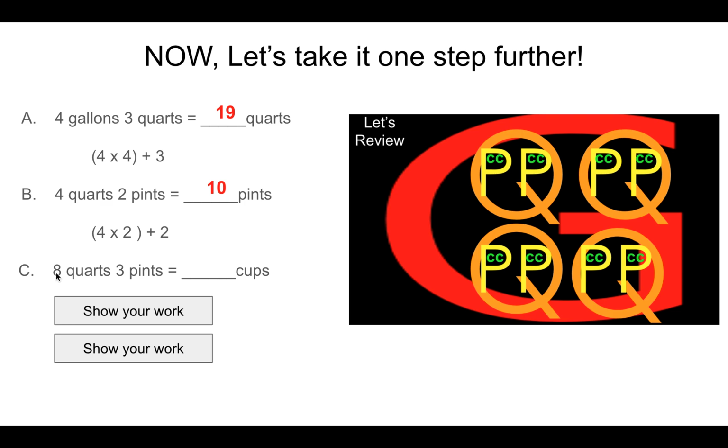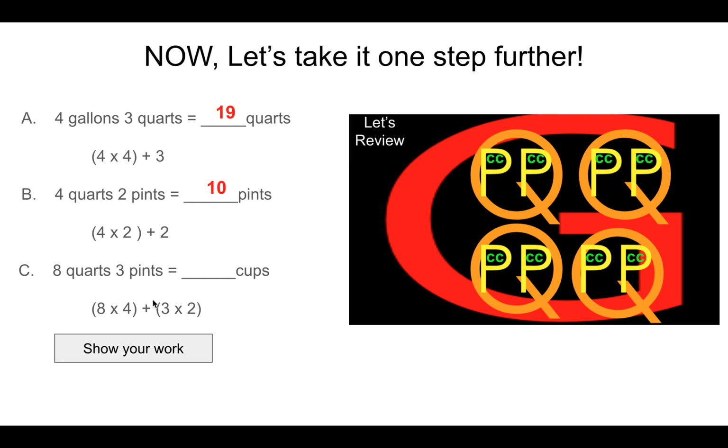So the first one is 8 quarts. And how am I going to show that? 8 quarts times 4. Why am I using 4? 8 quarts times 4 because 1 quart is equal to 4 cups.